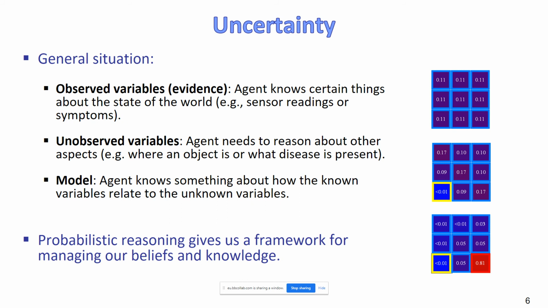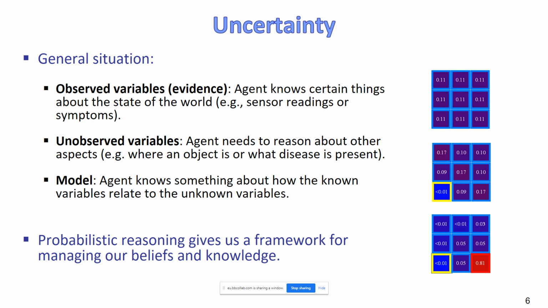Now, when we say a model, in a probabilistic model, we relate the variables that are observed with the variables that are unobserved. We try to reason over this by building relations between these variables, so that when we know some of these variables, we can infer something about the other ones.